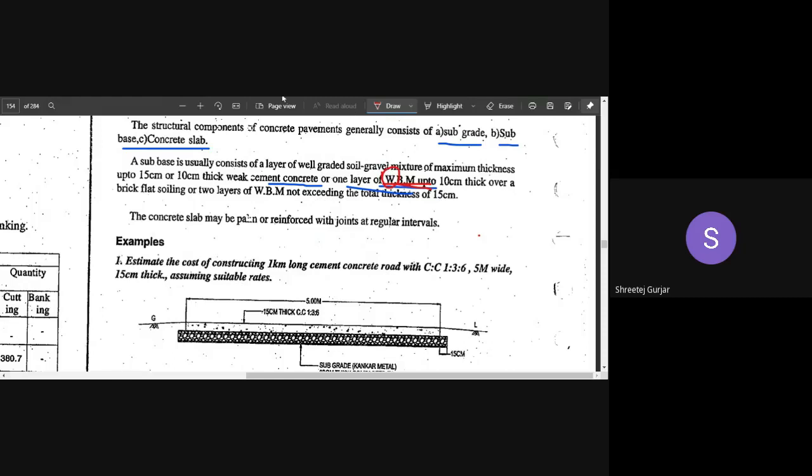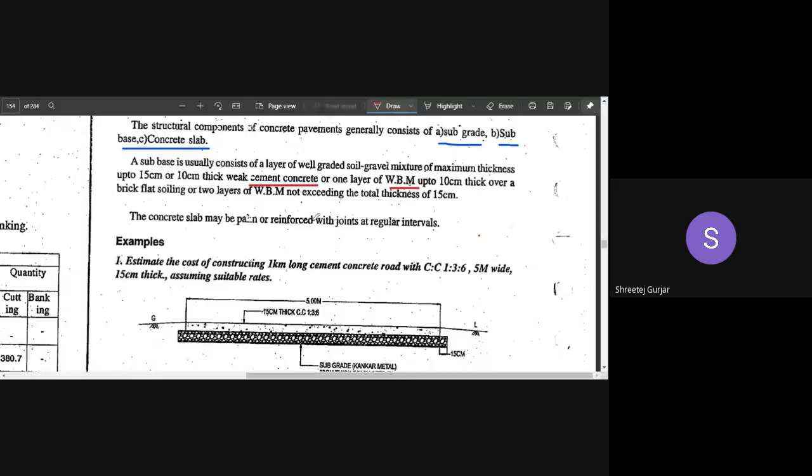What about B and M? Water-bound macadam, sir. Yes, correct. So it is water-bound macadam. You use water for binding the materials. Various materials may be used, and at the top you always have a cement layer.